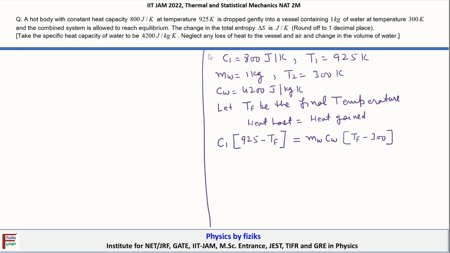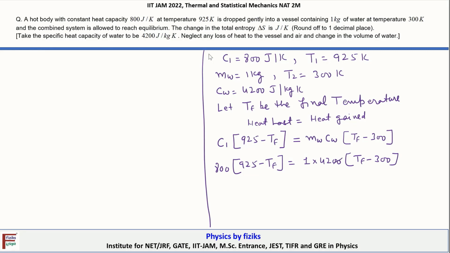After substituting the values, C1 is given to us as 800, times 925 minus TF. Basically we want to determine TF from this condition. And MW is 1 kg, multiplied by CW, which is 4200, times TF minus 300.